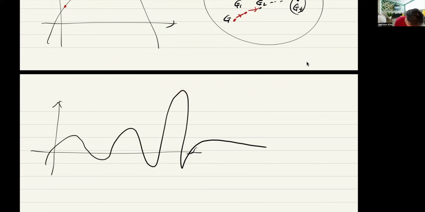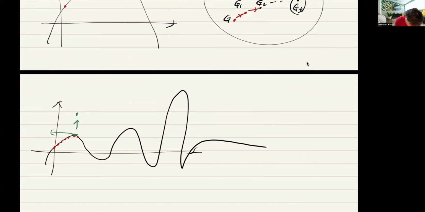But if you start from here, and then you move as before, so you only move a very little, and then you are stuck here. At this point, you move to the right, then your value decreases. You move to the left, your value decreases. So you cannot move.